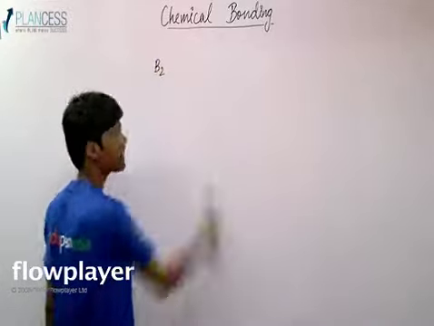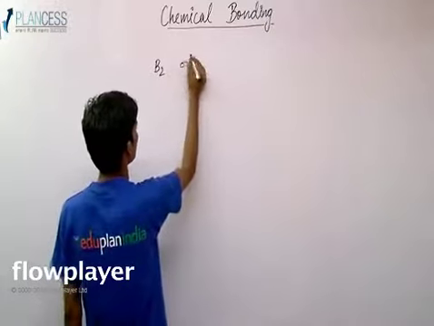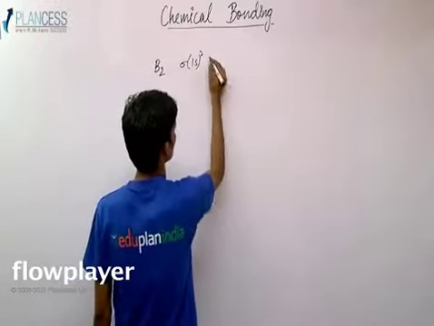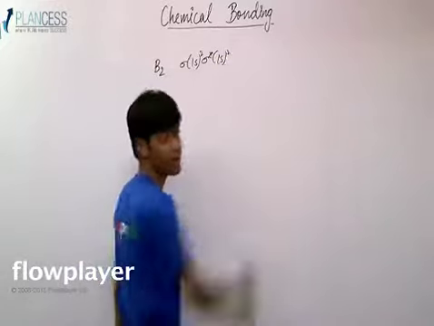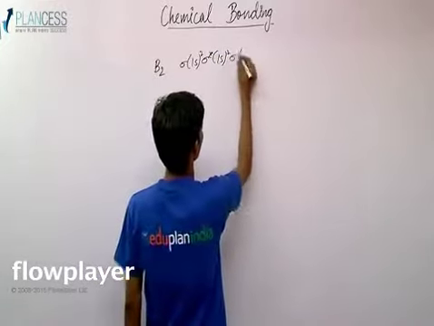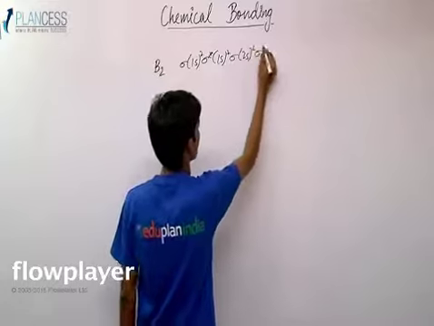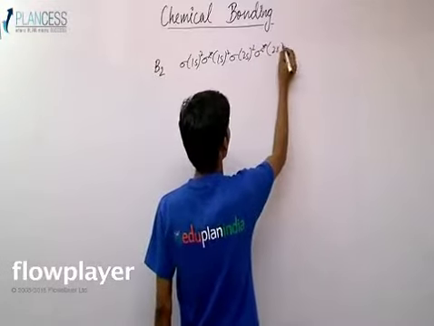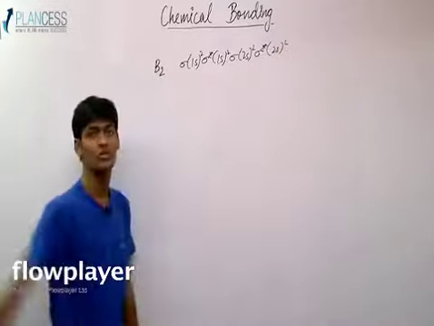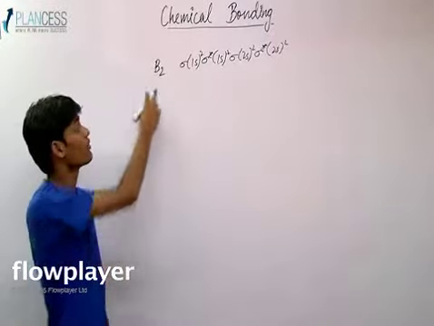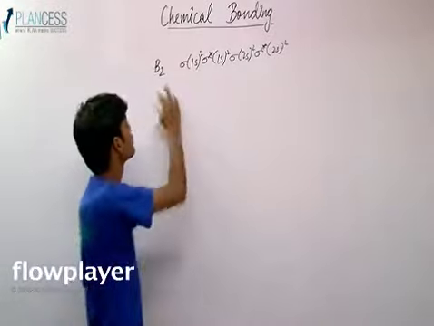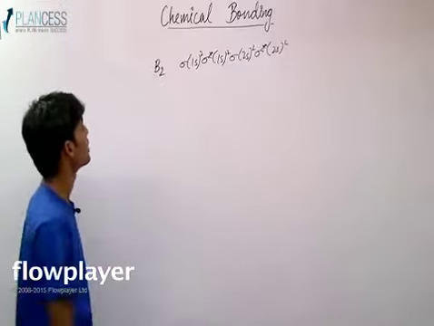B2 has 10 electrons, so it would be sigma 1s2, then sigma star 1s2, then sigma 2s2, then sigma star 2s2. Now, I said molecular mass, pardon me, it should not be molecular mass, it should be the number of electrons.